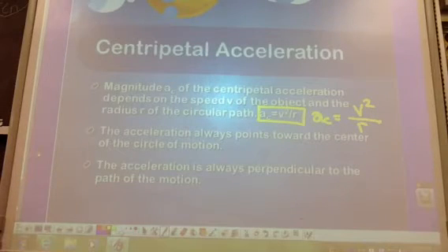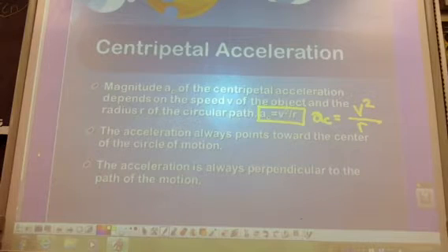Our acceleration will always point toward the center of the circle of motion, and the acceleration is always perpendicular to the path of the motion. If this were not true, there would be a component of acceleration that would end up being parallel to the path, and therefore we'd have a component that's parallel to a velocity vector.